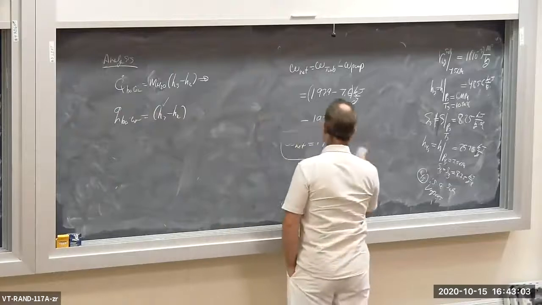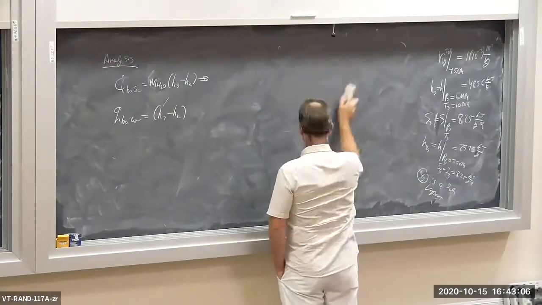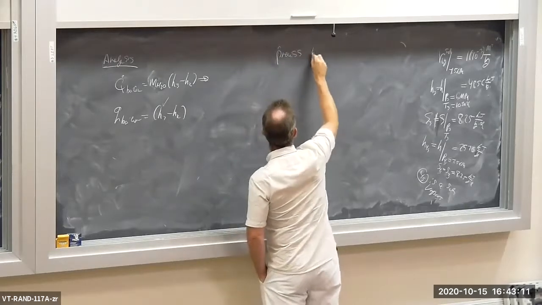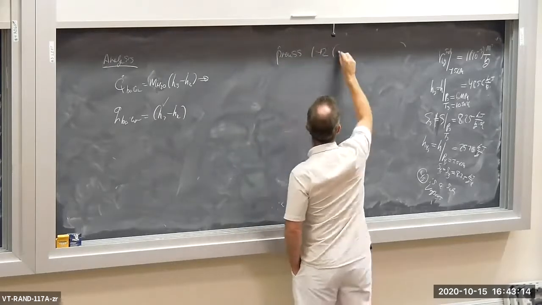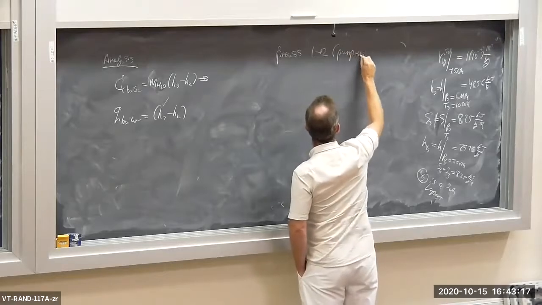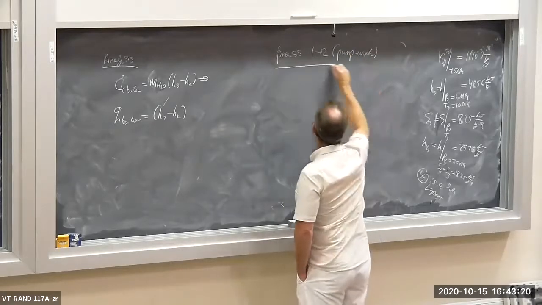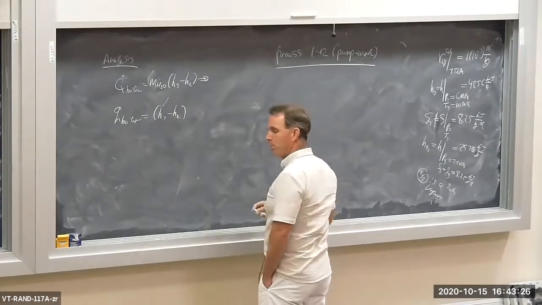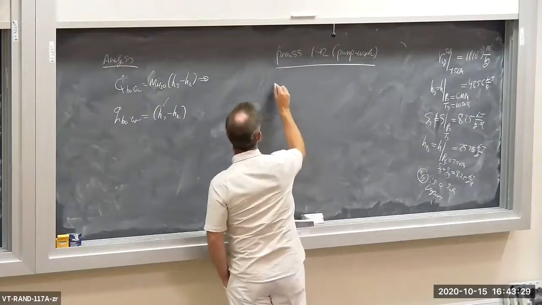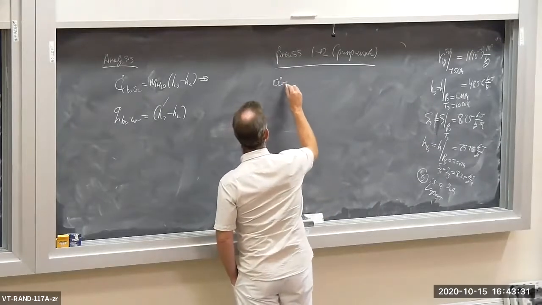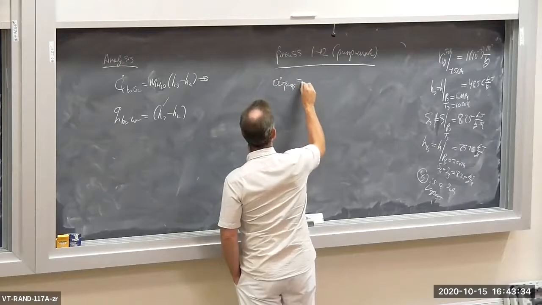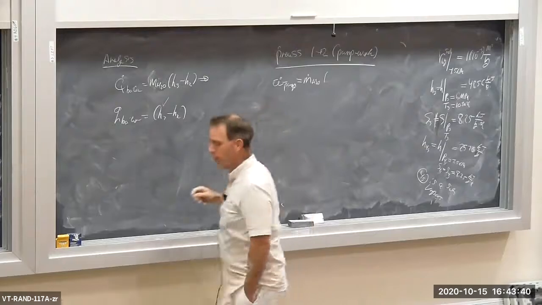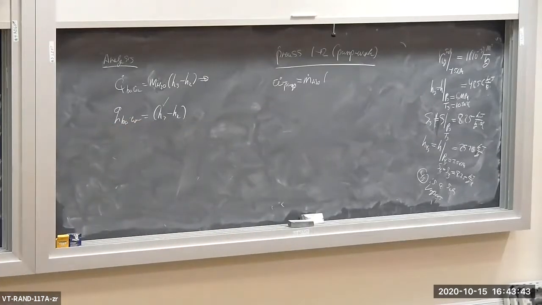Let's apply the energy balance to my pump, process 1 to 2. This is the pump work. The pump has no heat interaction going on, so W dot pump is equal to m dot for the H2O times, where's the inlet and where's the outlet? Let's look at our diagram.